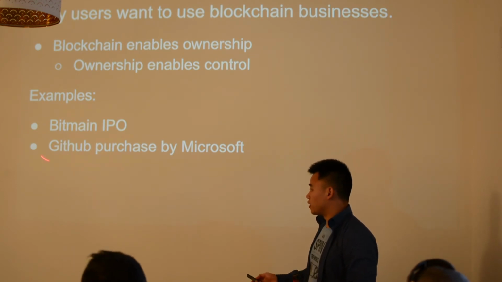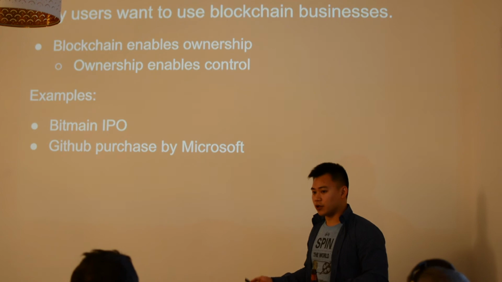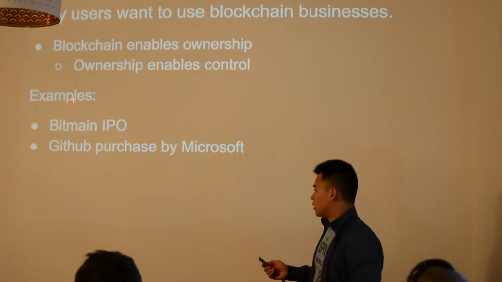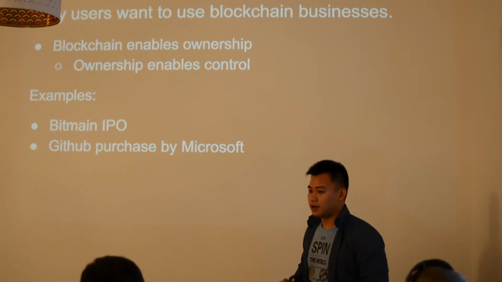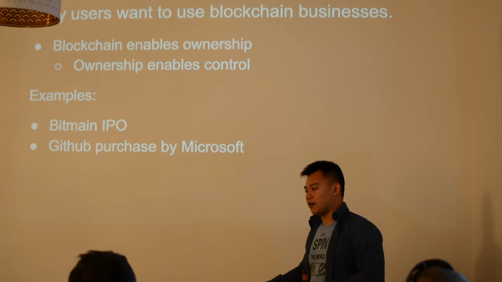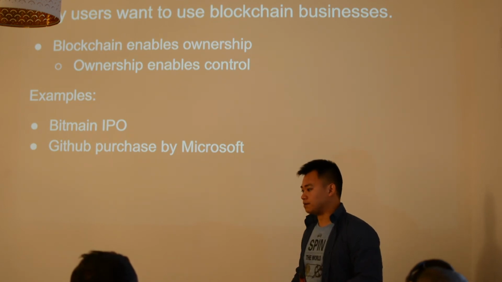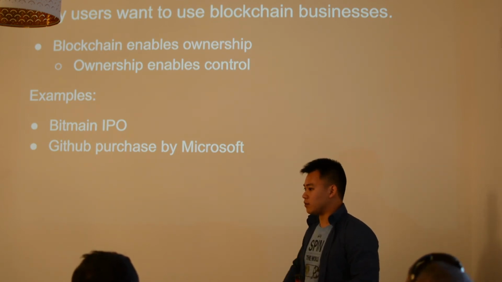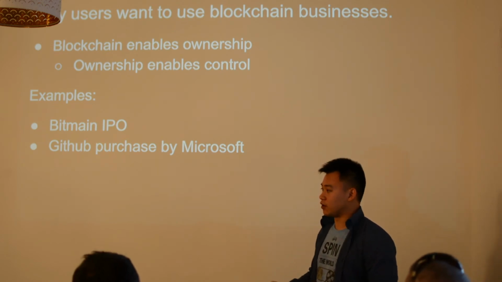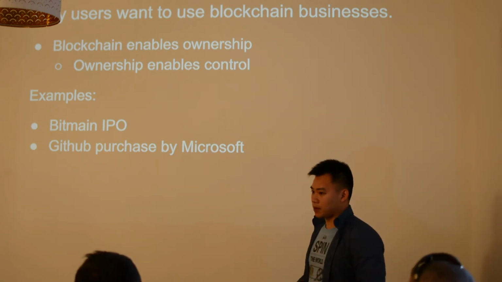Another example is GitHub. I'm sure a lot of software developers use GitHub. They've been recently purchased by Microsoft. And even though Microsoft has changed its culture lately, embracing open source software a lot more, you never know what will happen, right?